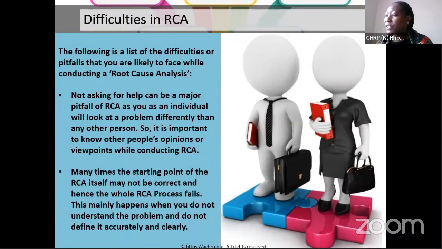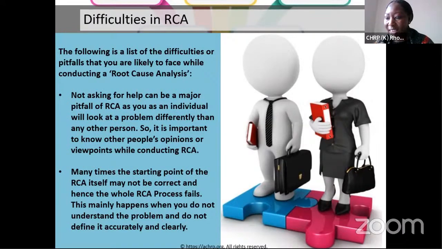The other challenge or difficulty we are likely to experience is the inaccurate diagnosis of the problem. I said, if we don't do proper definition of the problem, even the solutions that we are likely to come up with are not likely to solve the issues that we are dealing with. So the first thing we should be able to do is to properly diagnose the problem and define the problem.